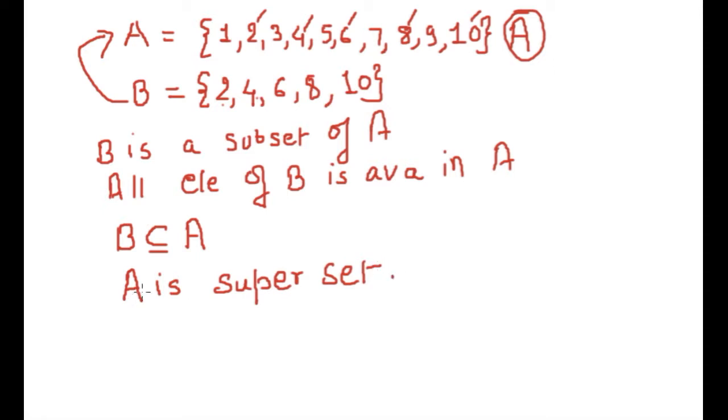So in this way we represent superset: A is a superset of B. It's the opposite sign. This is the representation of superset. A is a superset of B.